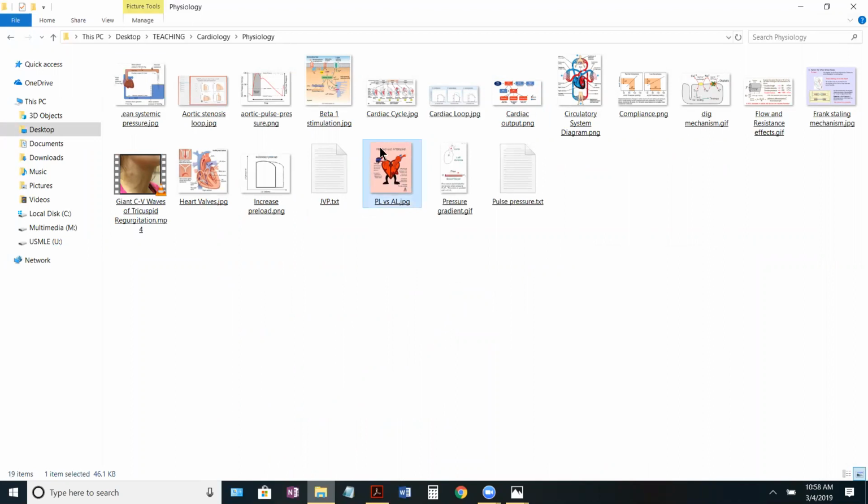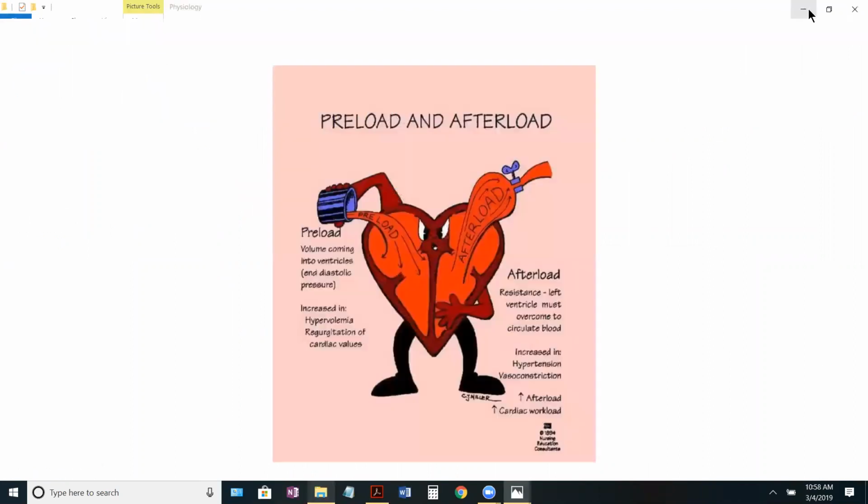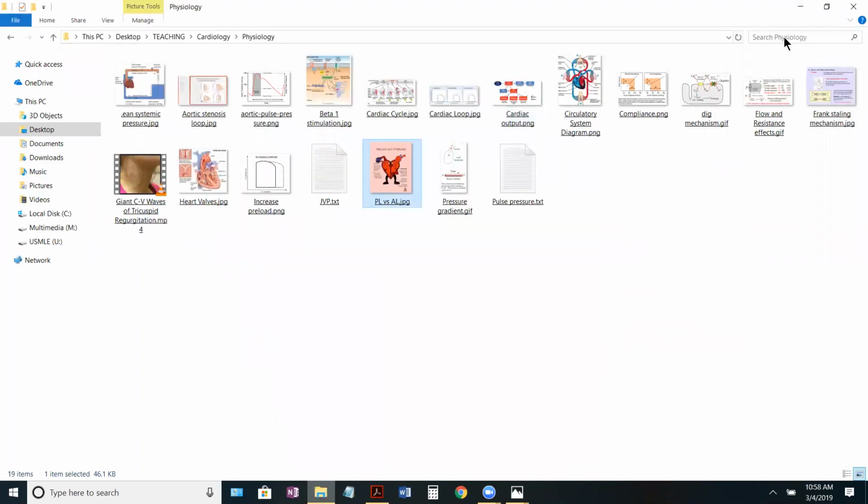Okay. So what is afterload? Anybody knows? After you've ejected, it's the amount of blood that is remaining in the ventricle. Okay. What about Dr. Naman? What is afterload? Afterload is the amount of blood that's left after systole. It can be due to maybe a leakage or something like that.